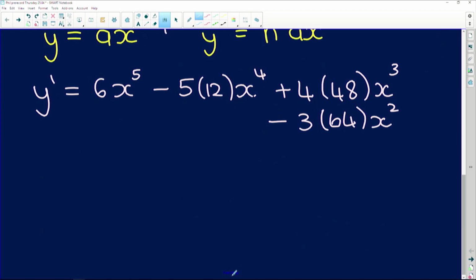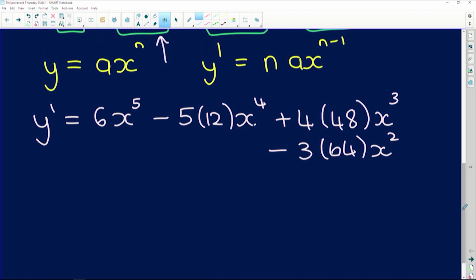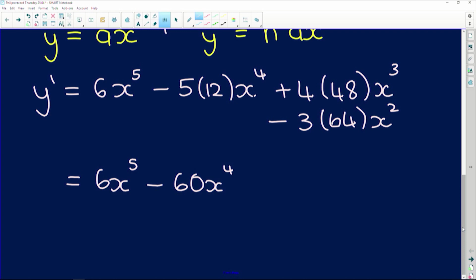Okay, so now all we need to do is multiply these out and simplify. So 6x to the 5 stays the same. 5 multiplied by 12 is 60, x to the power of 4. 4 multiplied by 48, I'm going to use some mental maths here, so let me just do that on the side. 4 times 8 is 32, carry the 3. 4 times 4 is 16, plus 3 is 19.